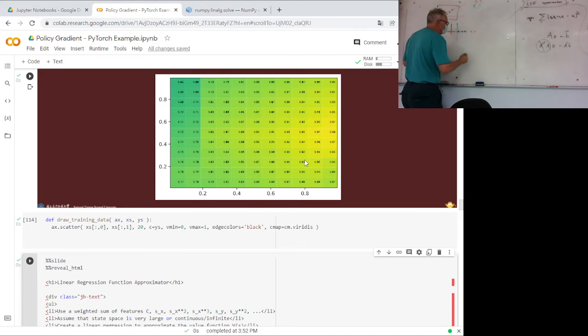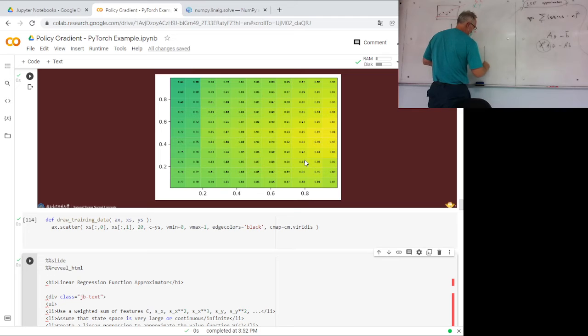So the solution to this, in order to make it linearly separable, is to have a more powerful model.